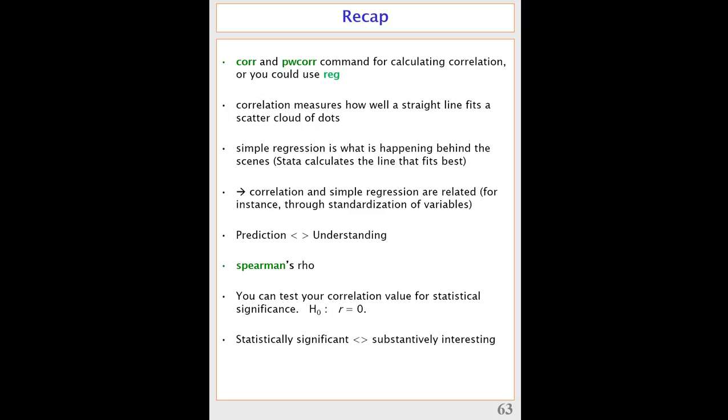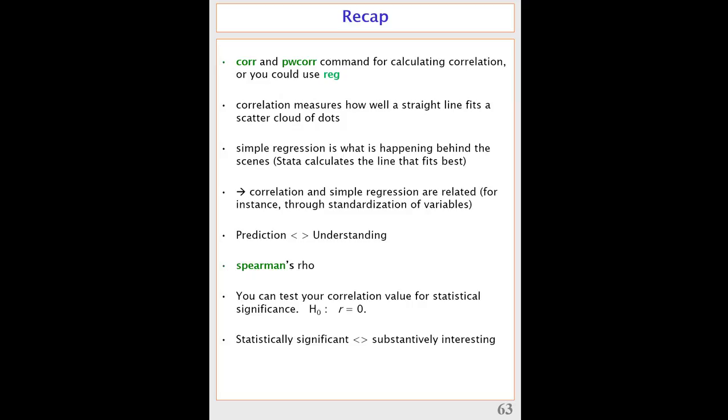Short recap of what we had thus far. Correlation and pairwise correlation: you need to know the difference. Both calculate correlation for you, and they differ in the way in which they deal with missing values. Second, it's all about looking at a scatter plot and trying to fit a straight line through a cloud of dots. A straight line, nothing else.